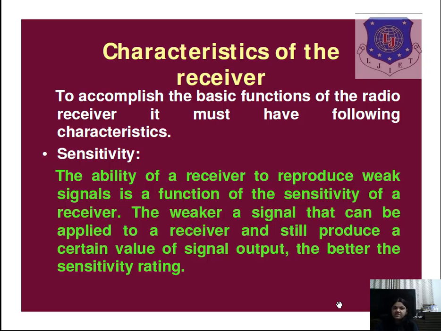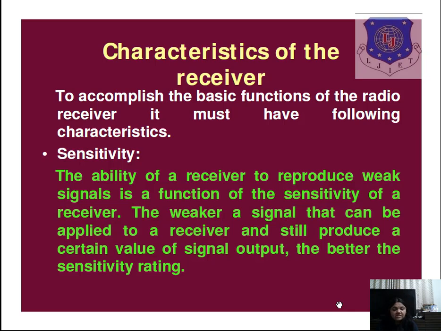Next is the characteristics of the receiver. The various functions that we have seen for the receiver, to accomplish those functions the receiver must have the following characteristics. One is sensitivity.